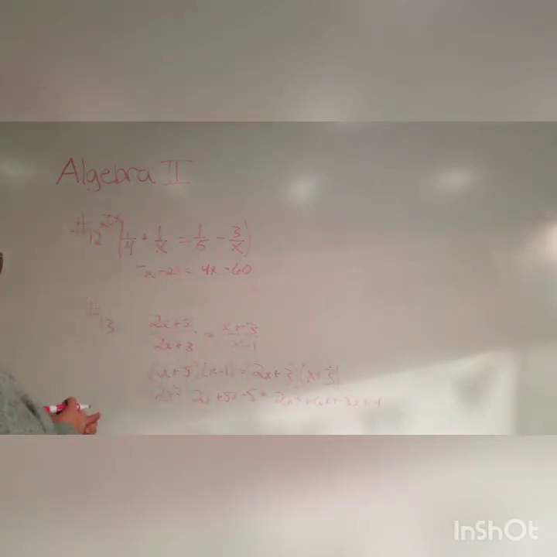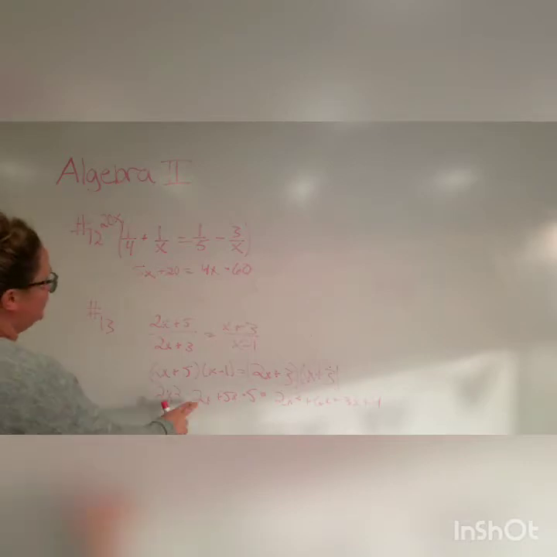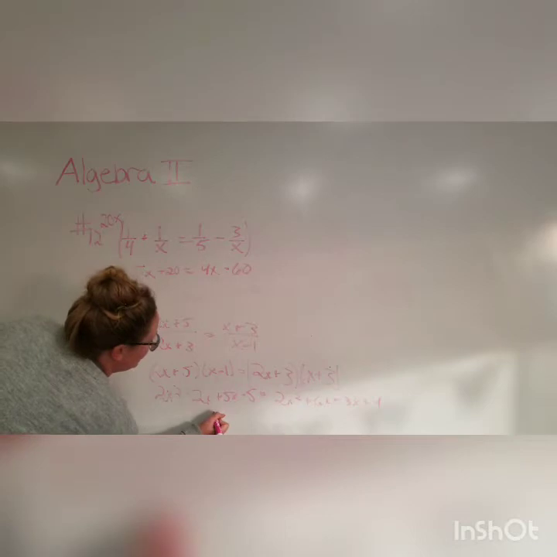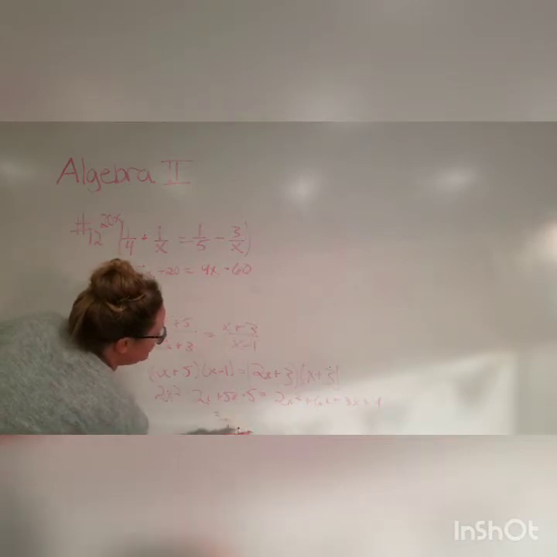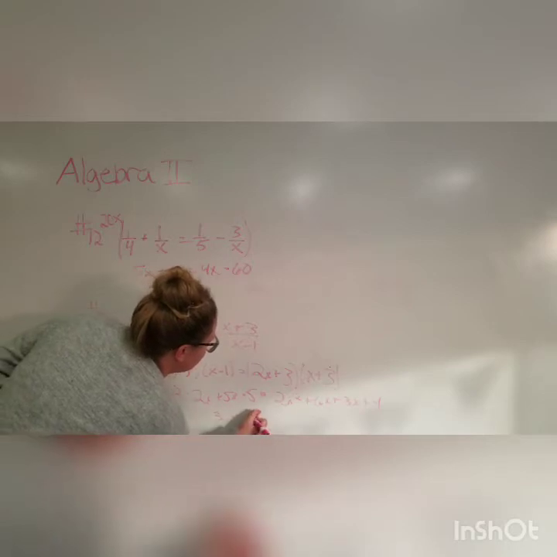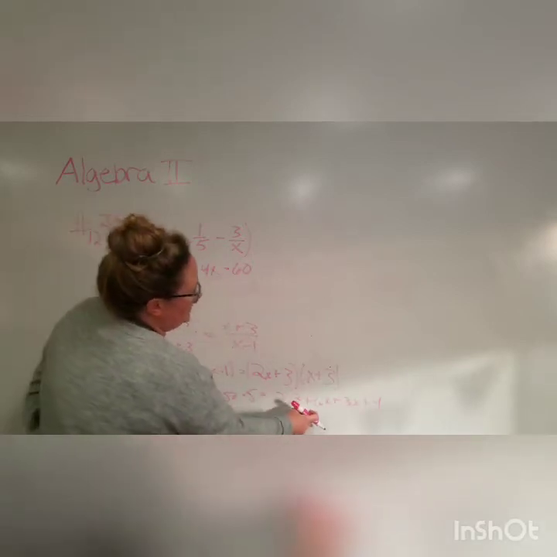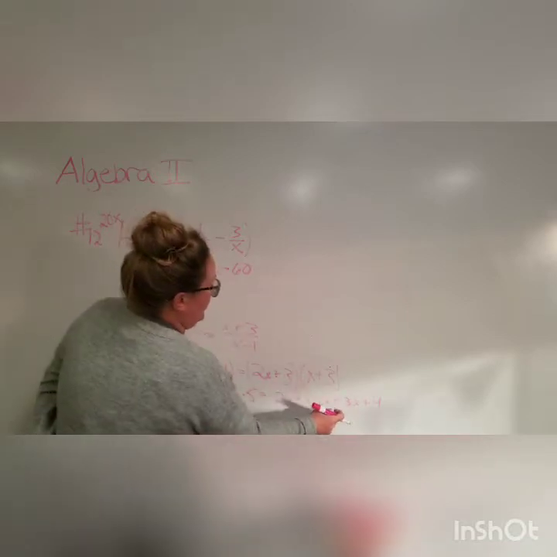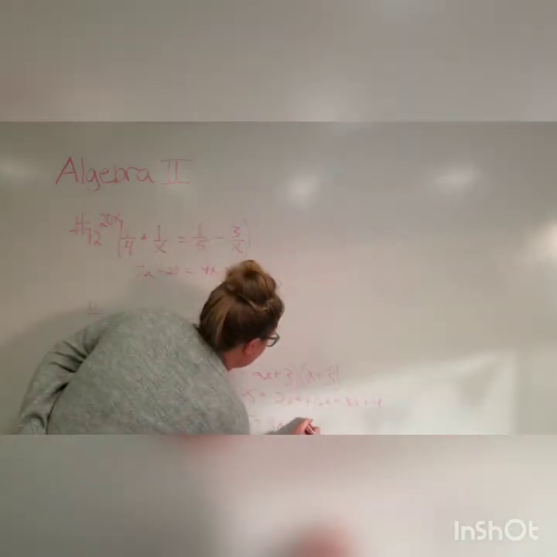Now combine your like terms on either side of the equation. Negative 2x plus 5x is going to be 3x. Then you have minus 5 equals 6x plus 3x is 9x, plus 9. All right, so combine your like terms.